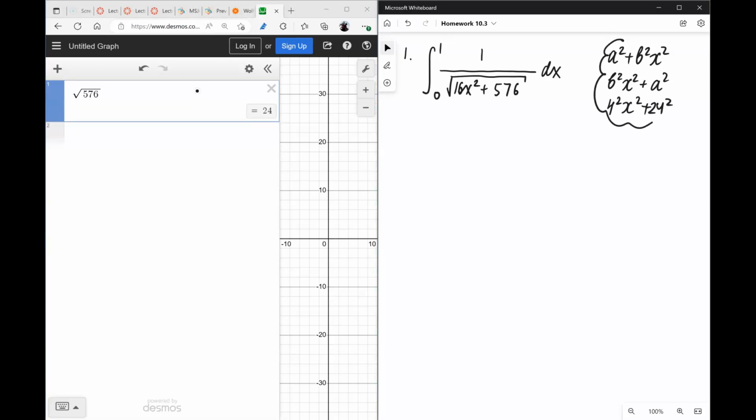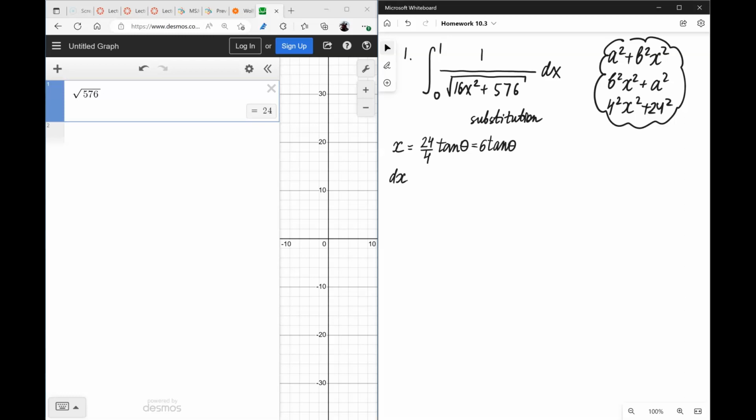So this is like our thought bubble, and we're going to do the following substitution. We choose x to be 24 over 4 tangent theta, and 24 over 4 is 6, so we have 6 tangent theta.